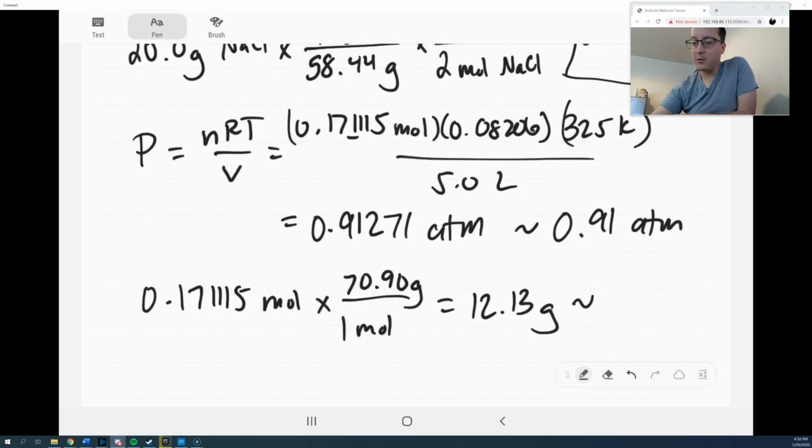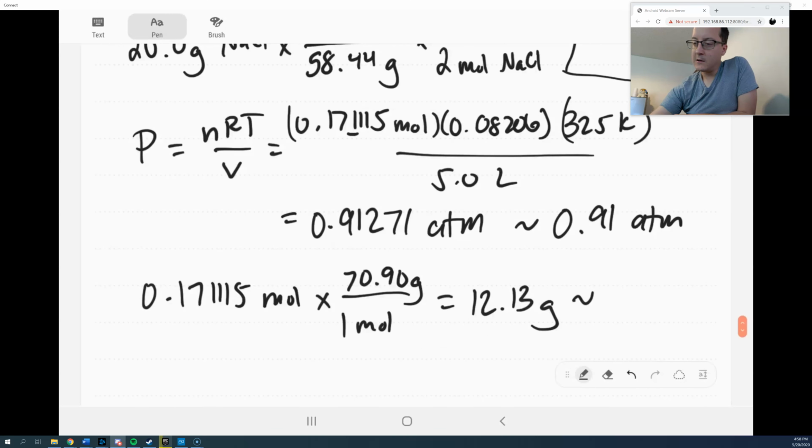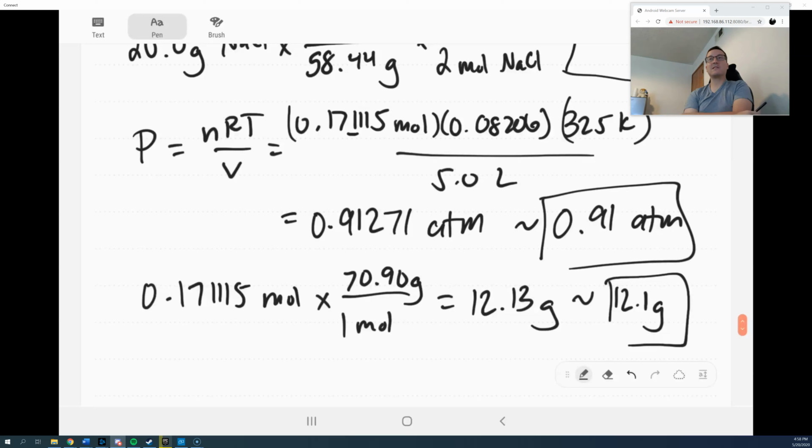Actually this time we can use 3 sig figs, so 12.1 grams. Depending on what unit I ask for, you can do all sorts of things once you've found the moles. Nothing terribly new again, just putting it in a different way. Any questions on this one?